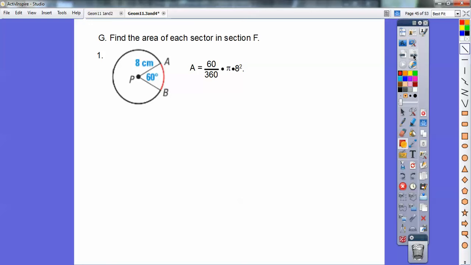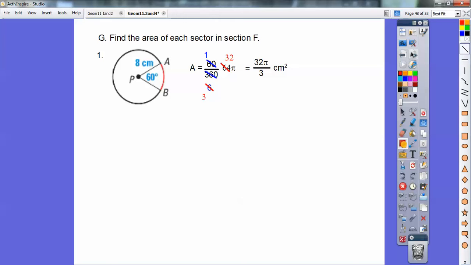N over 360, and then the zeros can cancel. And then 8 squared is 64, and then I reduced that. The only thing that goes into 6 and 64 is 2, you guys. So 2 goes into 6 3 times, and 2 goes into 64 32 times. So you're left with 32 pi over 3 centimeters squared.